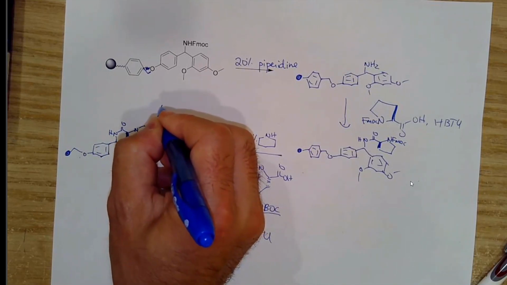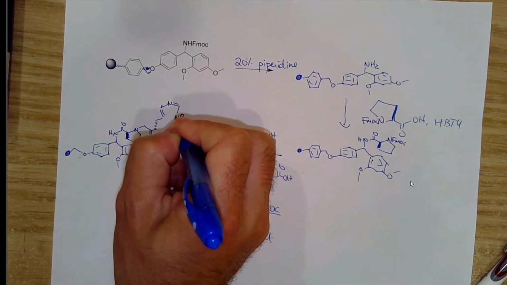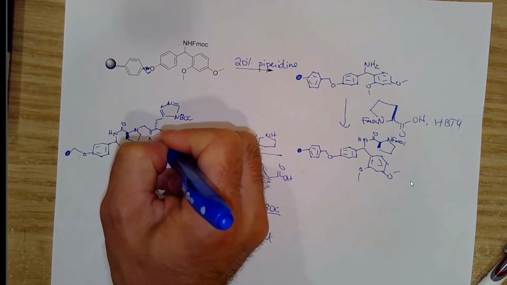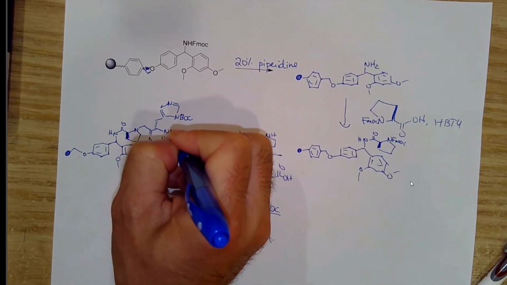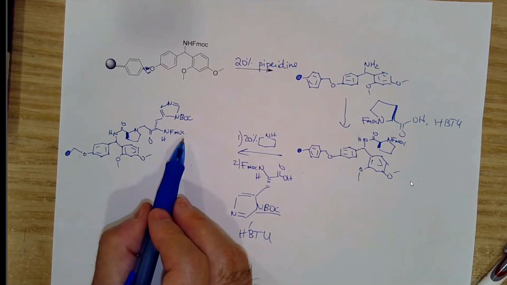Here's our histidine with the N-Boc, the amine, and the N and the Fmoc. So you can see that we're constructing our peptide.